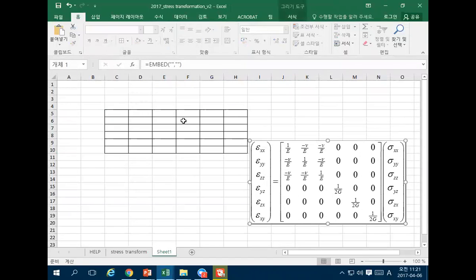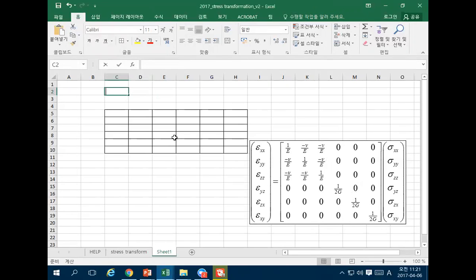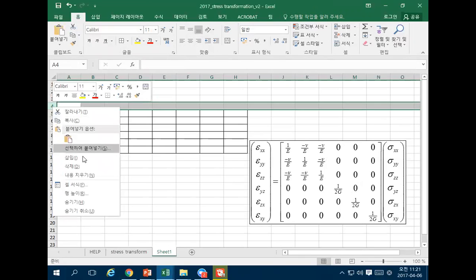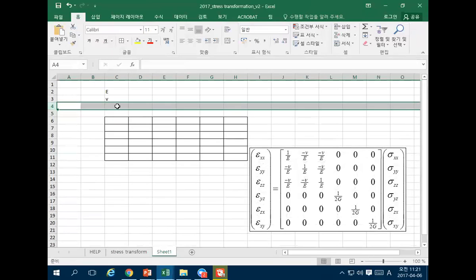This 6 by 6 will represent this 6 by 6. To do so, how many material property parameters do we have? Well, we have a Young's modulus, Poisson's ratio, and shear stiffness. So let's define E and nu, not the V, but we're gonna use that one, nu and G.